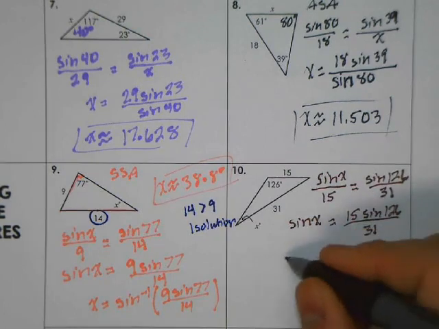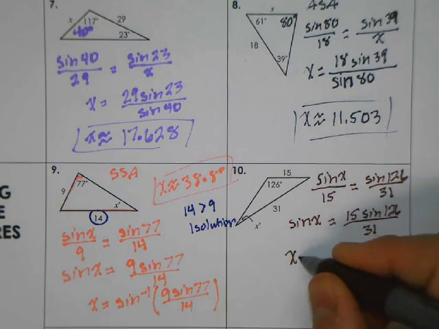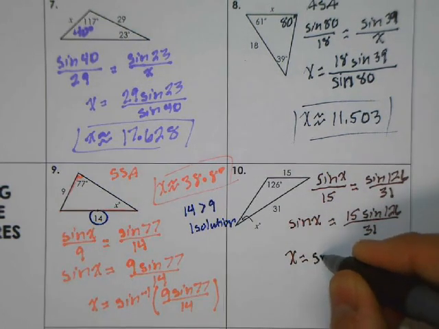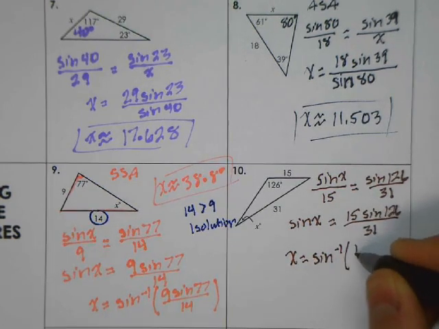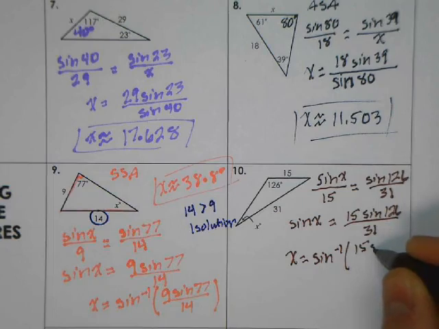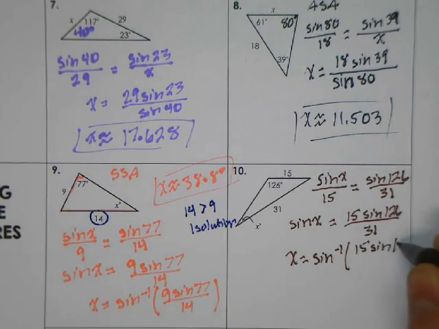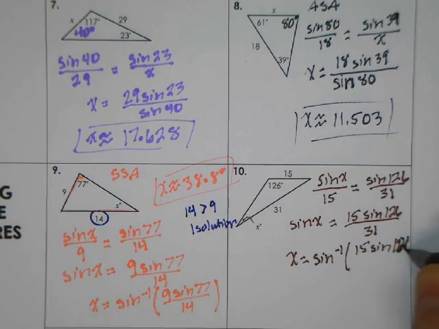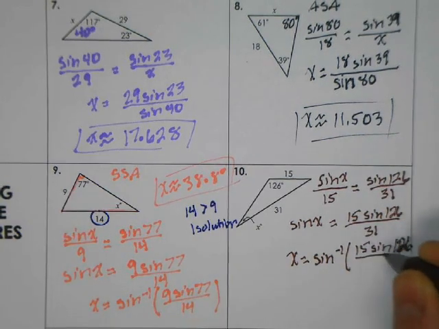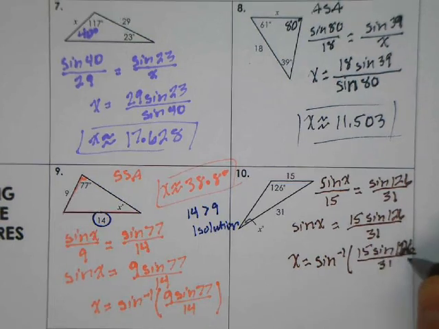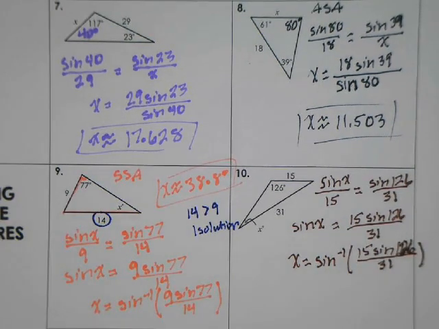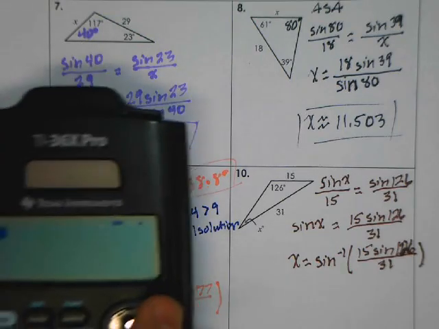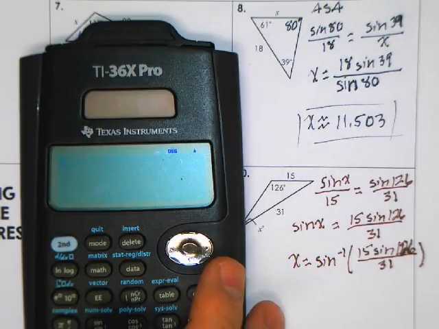So to get x by itself, we say x will be equal to the inverse sine of 15 times the sine of 126 over the 31. And again, I'm going to just jump to my calculator here so we can see how to type it in.